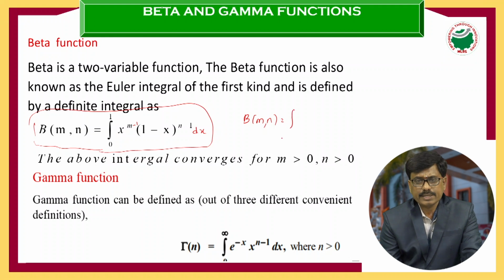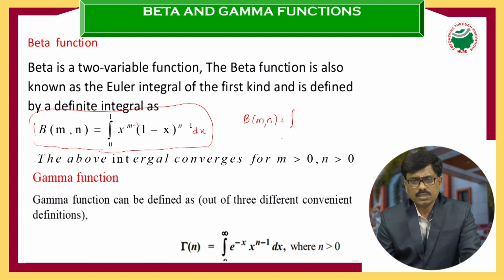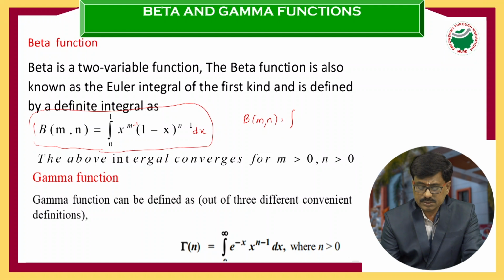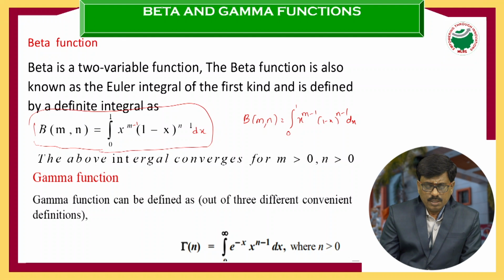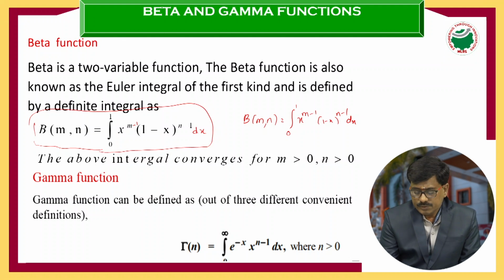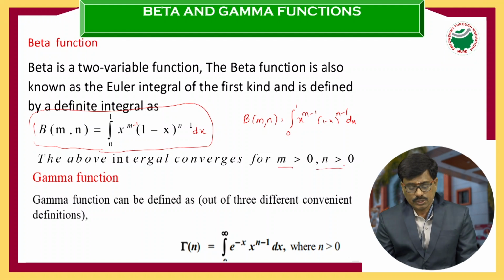For these two variables, I explained in the previous lecture how the beta function exists. This beta value depends upon the values of m and n, and beta of m, n is always greater than 0. This is the definition of the beta function.